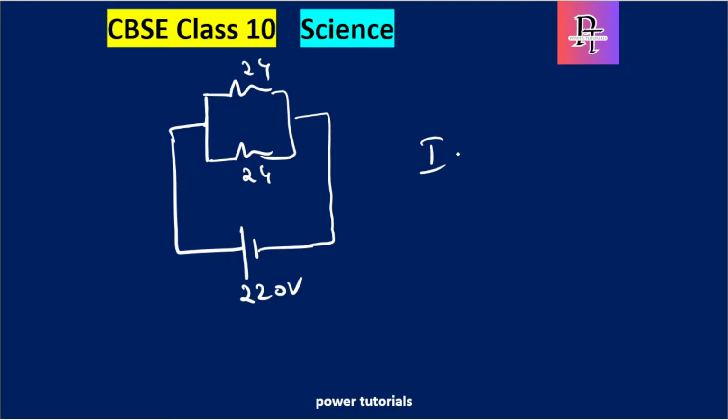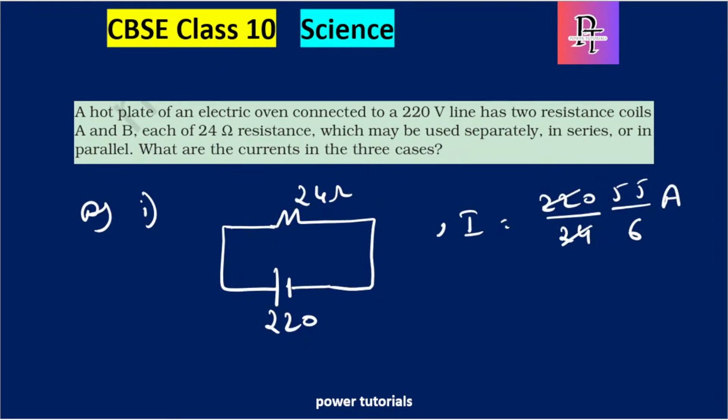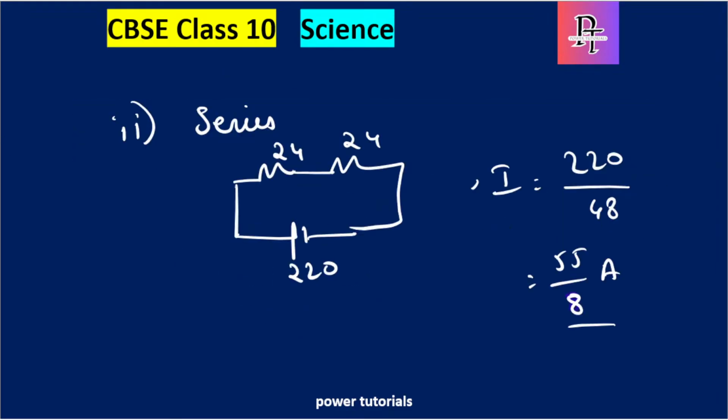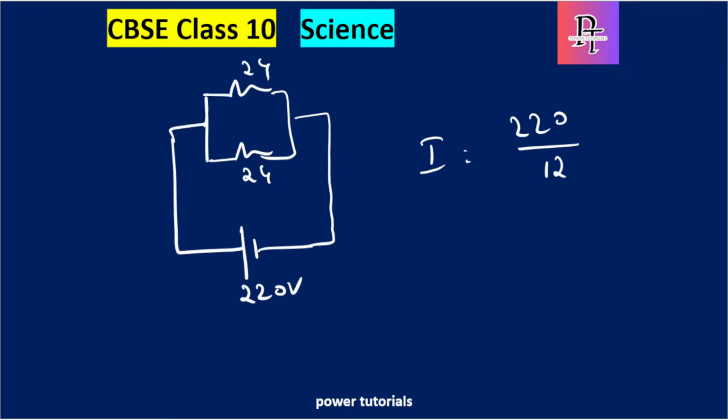So in this case, the current value will be 220 by 24 by 2, which is 220 by 12. So this value of current is 55 by 3 amperes.